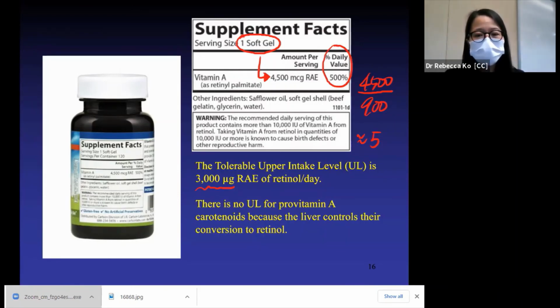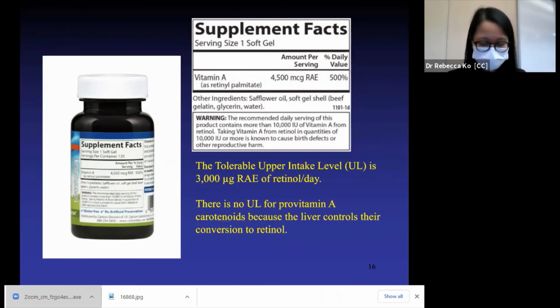For retinol there is an upper intake level, but there is no upper intake level for carotenoids, because carotenoids can be converted to retinol in our body, and the liver controls the conversion of carotenoid to retinol. So for carotenoids there's no upper intake level, but for retinol there is. Got it?